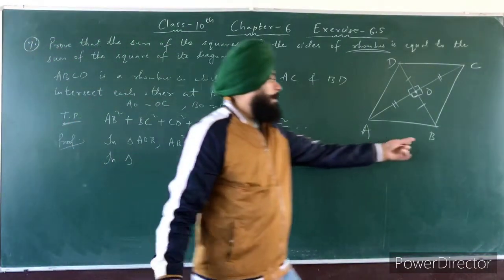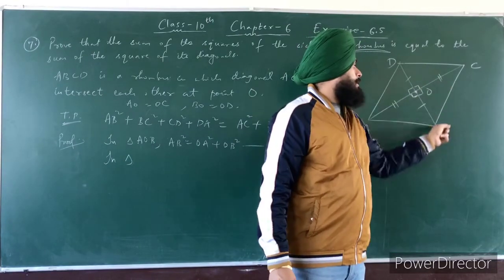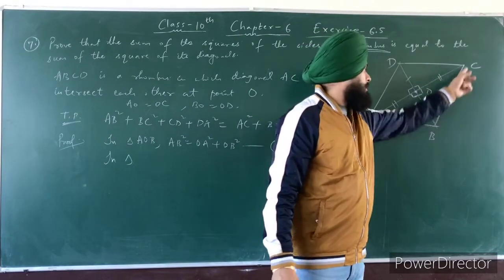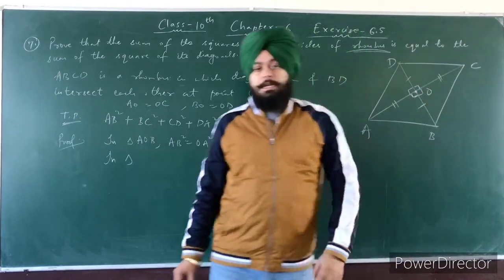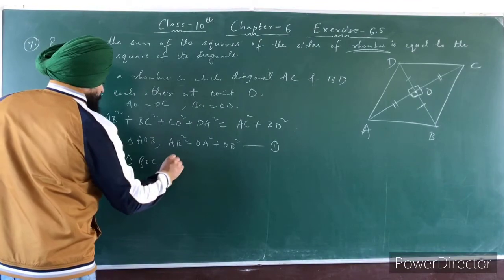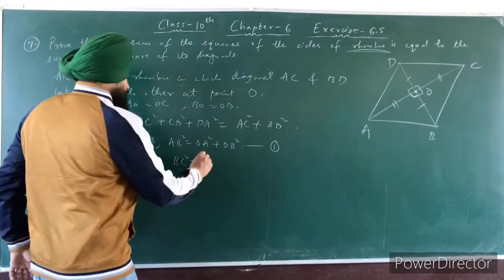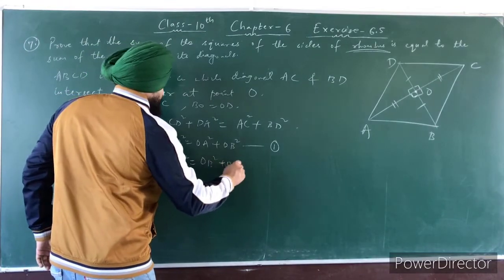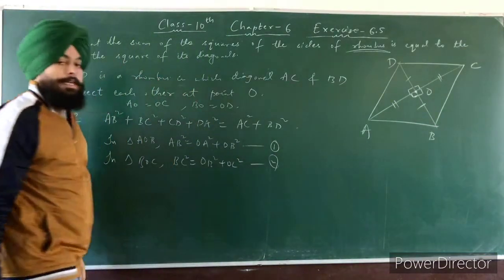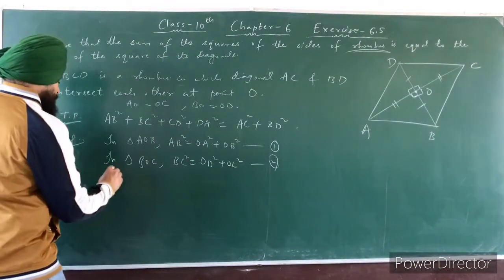Another triangle, triangle BOC. In this triangle, the hypotenuse is BC, which is opposite to this right angle. So write here hypotenuse BC square is equal to OB square plus OC square. This is equation number 2. Another one, the third triangle, COD.